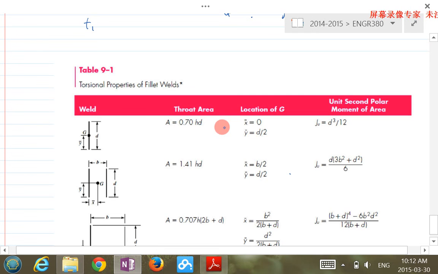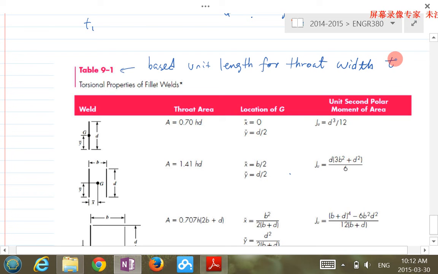So table 9-1 is based on a unit length for the throat width T.